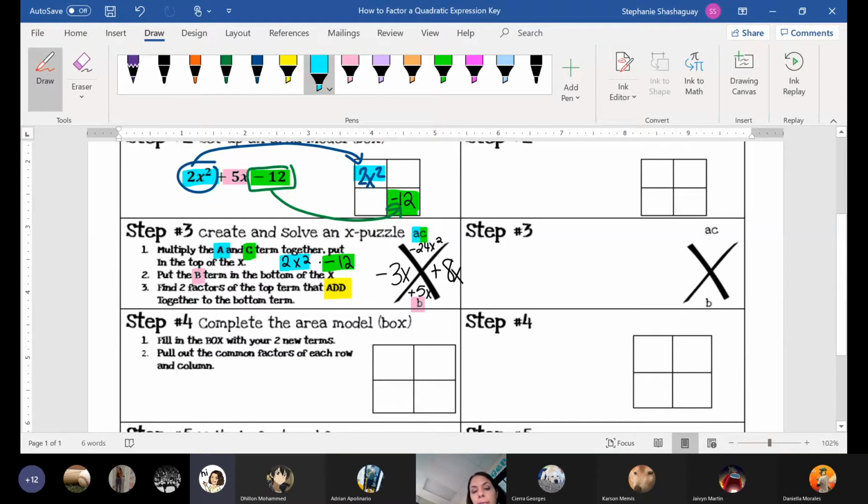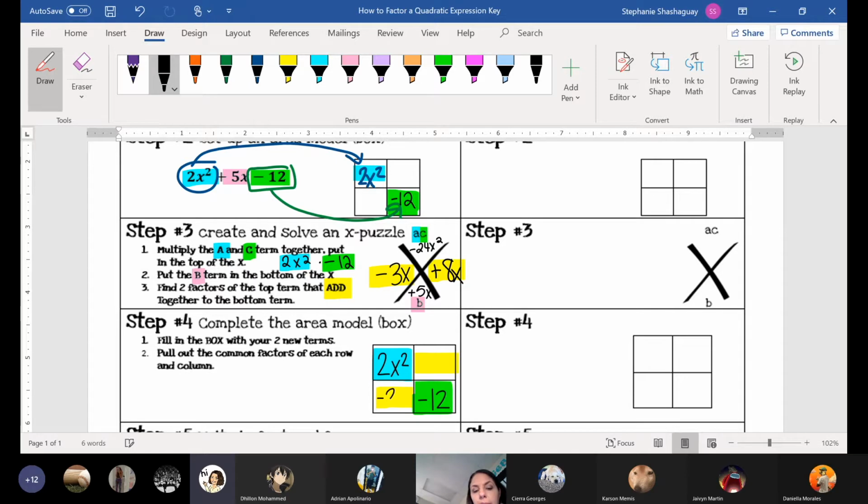So now for step 4, I'm going to take the two numbers that I already had filled in, and I can fill them in this box below. Okay, so I have 2x squared, and I had negative 12. And now I'm going to take the two terms that I factored in step 3 and fill in the boxes in step 4.